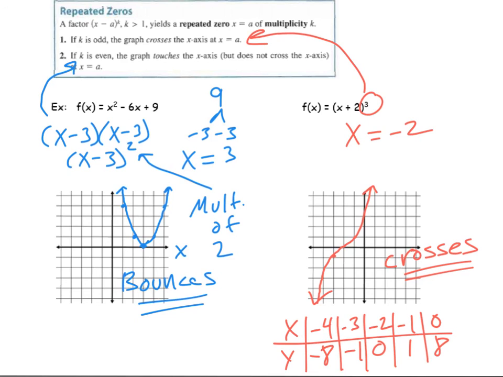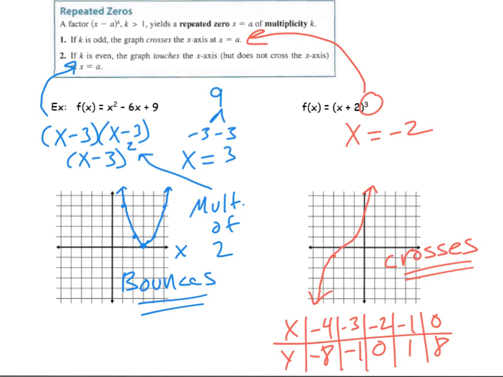On the example we just did, you had 3 zeros, okay? 2 of them had a multiplicity of 1, 1 and negative 1, and then at x equals 0, it had a multiplicity of 2. Okay, so with this whole odd and even, you're usually looking for multiplicities or those powers of 1 or of 2. Once in a while, you might see a 3, but that's usually what you're looking for.